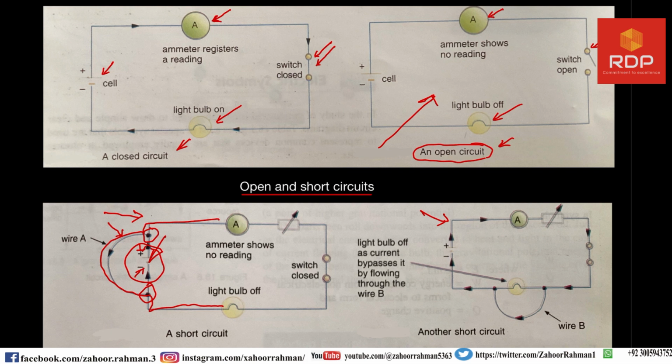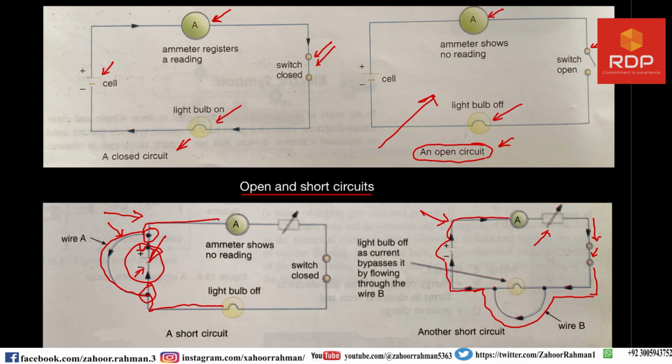Now here in the second example, there is a variable resistor and current is passing through in this way. This is a power supply, and when the switch is turned on, the power supply is turned on. But we don't want this bulb to be turned on, so we are bypassing it, and the current will go in this way.